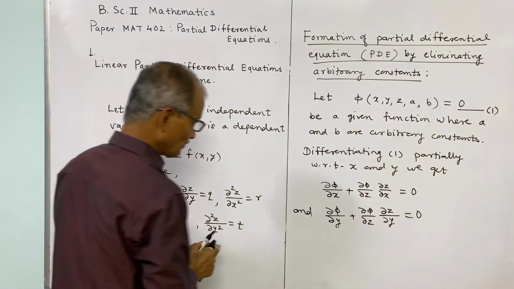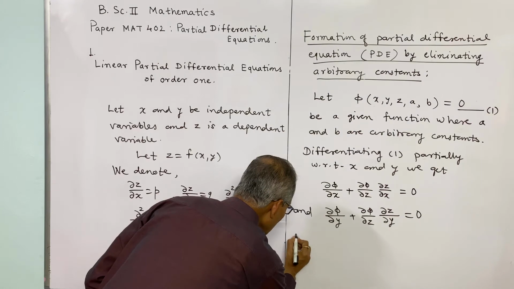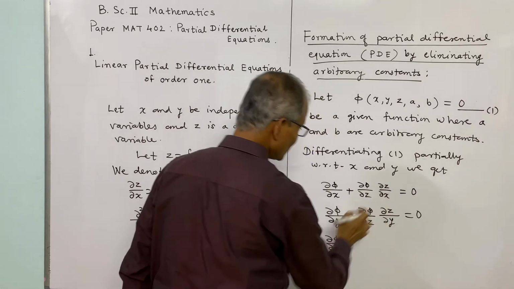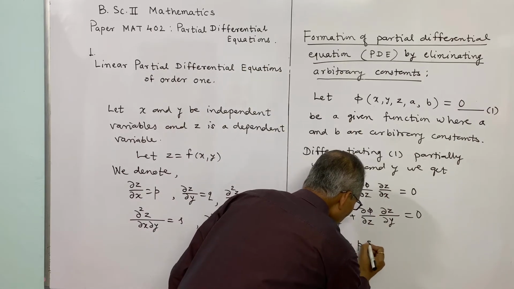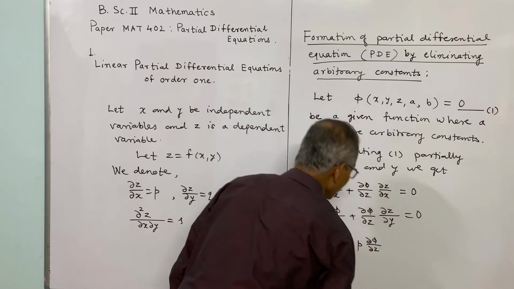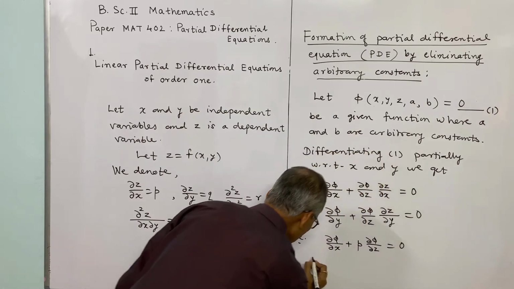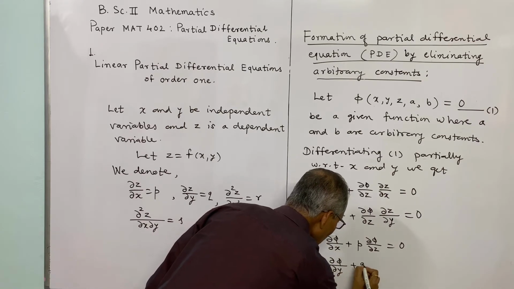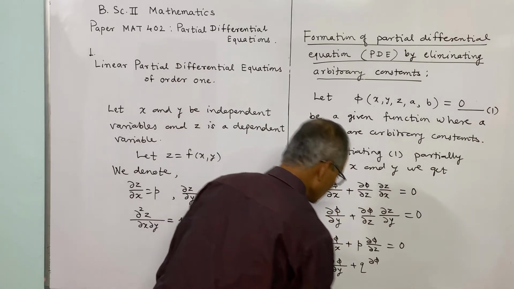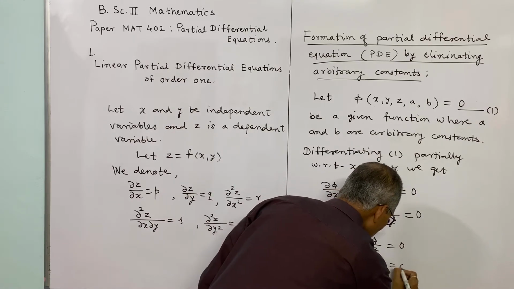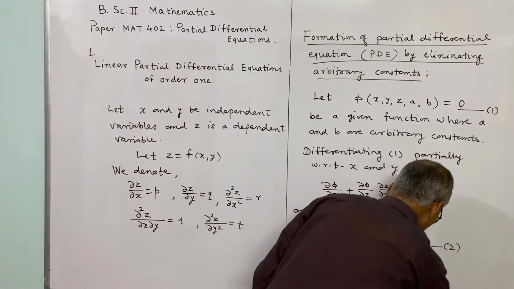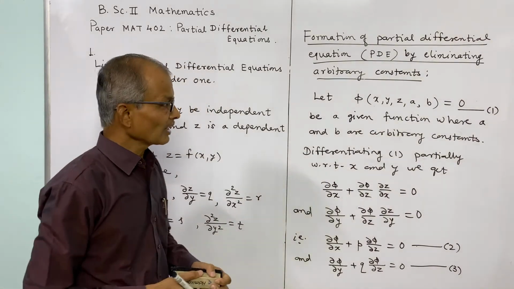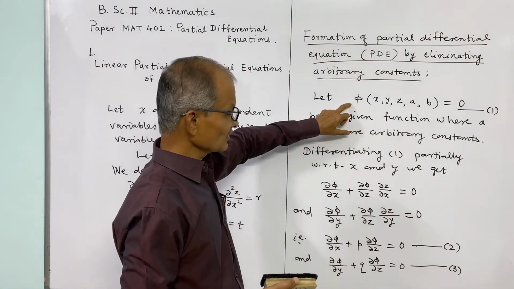So we can write this as dou phi by dou x plus p into dou phi by dou z is equal to 0, and dou phi by dou y plus q into dou phi by dou z is equal to 0. We may suppose these as the second and third relations, and we can eliminate a and b using equations 1, 2 and 3.